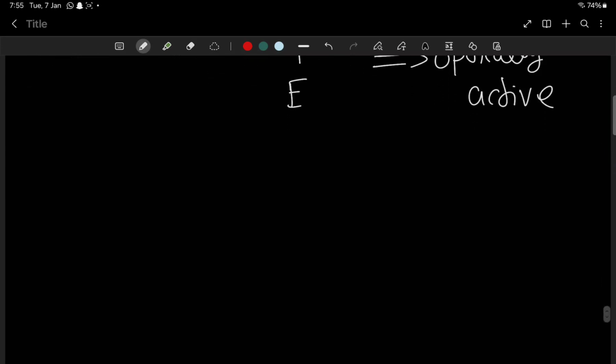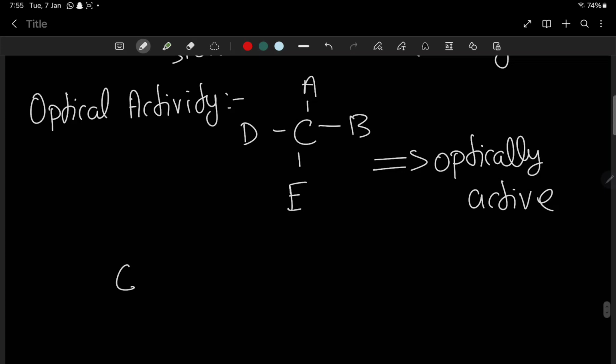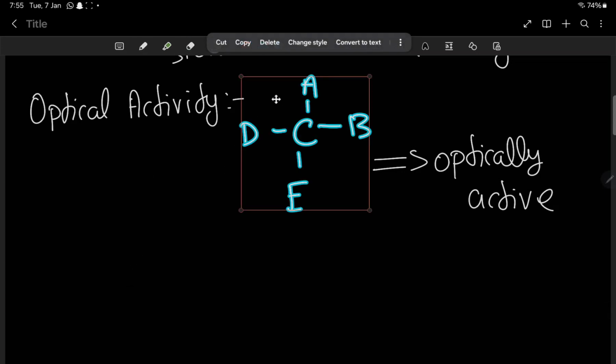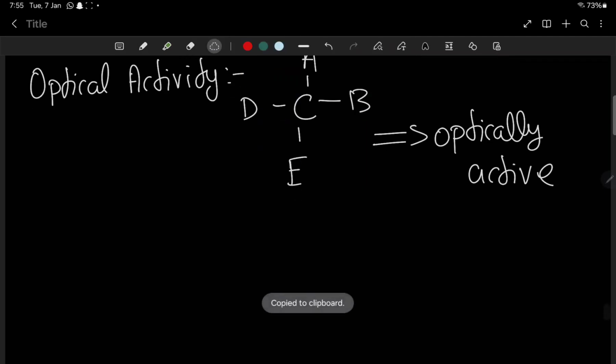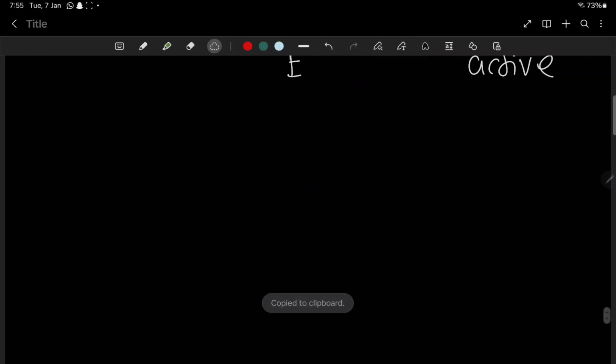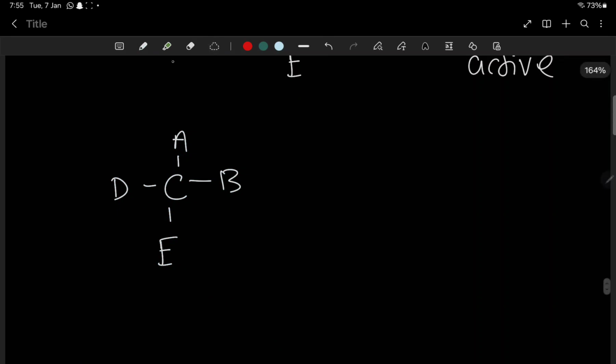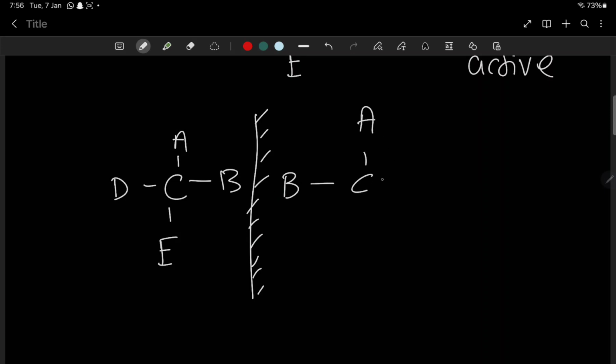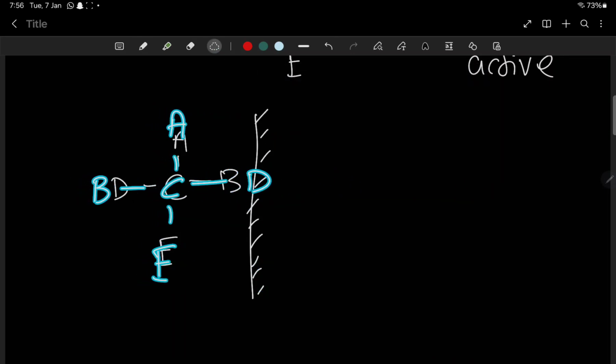Or you will do one thing. You take this carbon, this compound, I'll just copy it, and you take the compound given to you, and you imagine a mirror in front of it, and draw the mirror image. That is, the distance should be accordingly A, D, E. Now take this mirror image and keep it upon this.